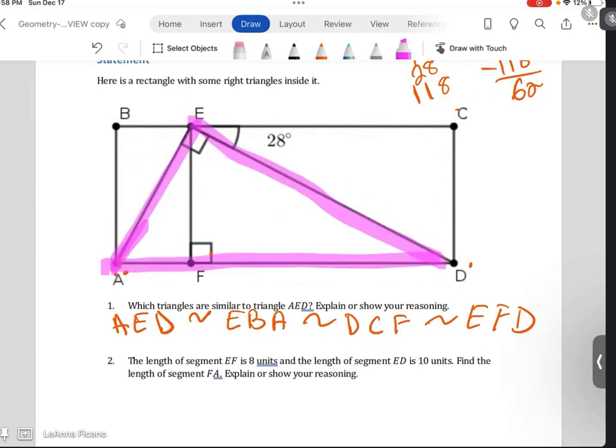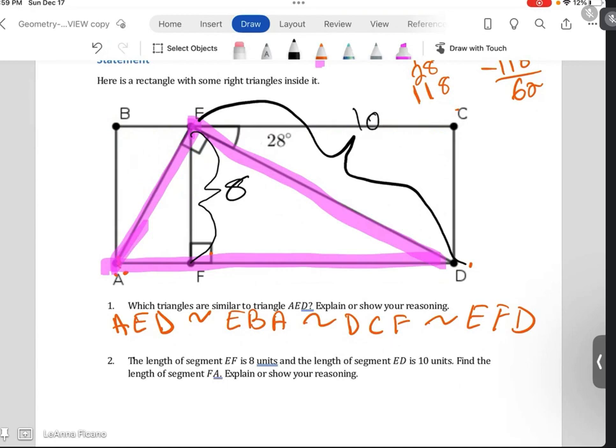So we have the length of EF is 8, and the length of ED is 10.